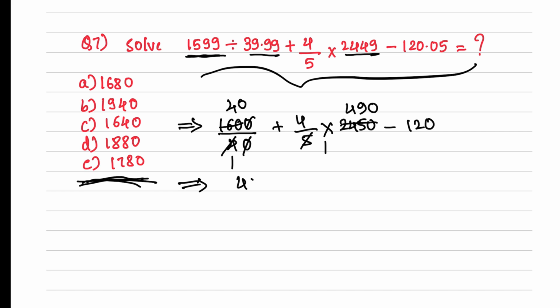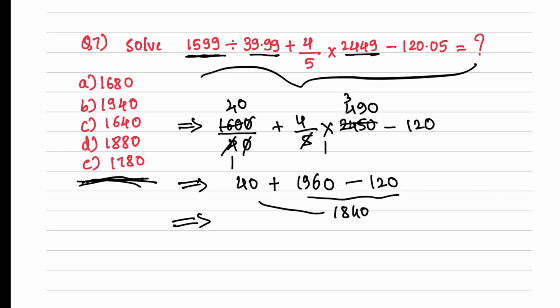So you'll get 40 plus 4 0s are 0, 4 9s are 36, 4 4s are 16, it will be 1960 minus 120. You can solve anyone, this addition or subtraction. So if you do this first, you will get 1840, and if you add this, you will get 1880. So option D is the right answer.